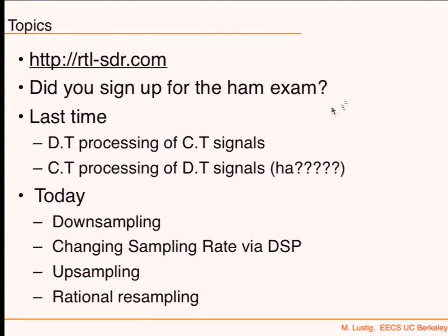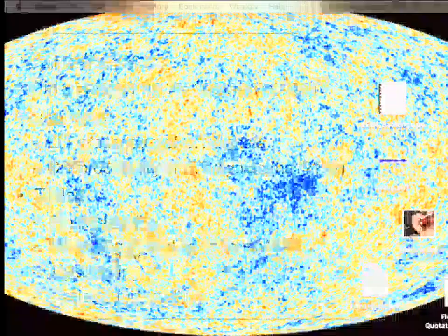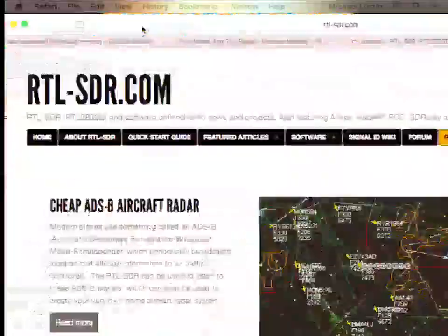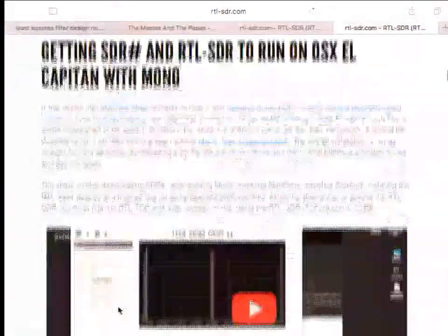I want to mention, by the way, this website called rtlsdr.com. So you have these RTL-SDRs. This is a good resource to look at. They post different articles that people write. It's kind of an aggregate of various posts from other sites. But as always, there's something interesting about the RTL-SDR.